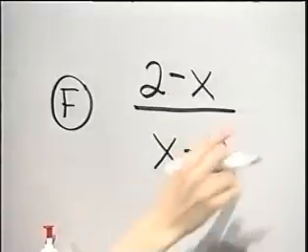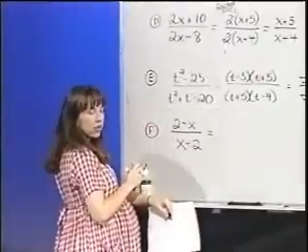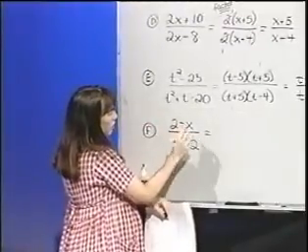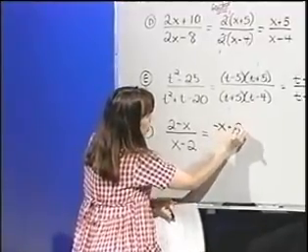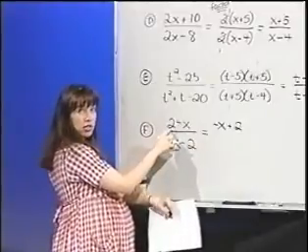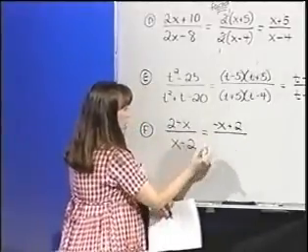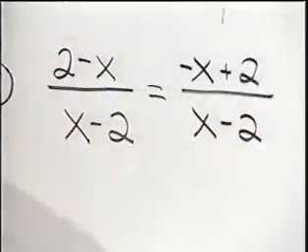Well, let's compare. Let's rewrite the top with the x being first. If I have 2 minus x, that's actually minus x plus 2, right? And on the bottom, I have x minus 2. So they're really not the same expression.